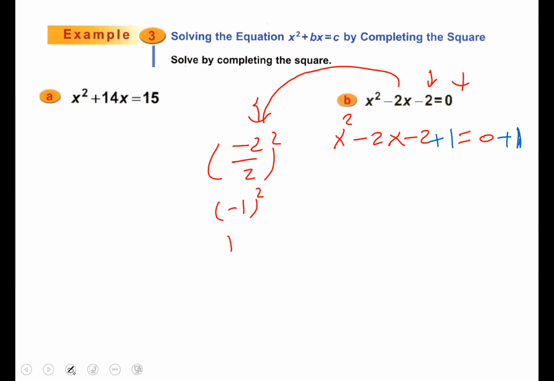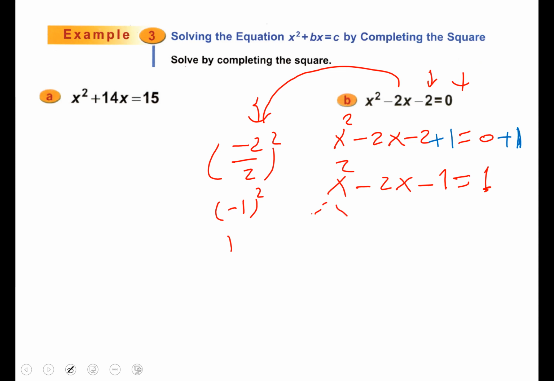And let's continue, guys. x squared minus 2x minus 2 plus 1 equals 0 plus 1, which equals 1. And now again, guys, you have the perfect trinomial. You see, 1 is created by 1 times 1, and x squared is created by x times x.